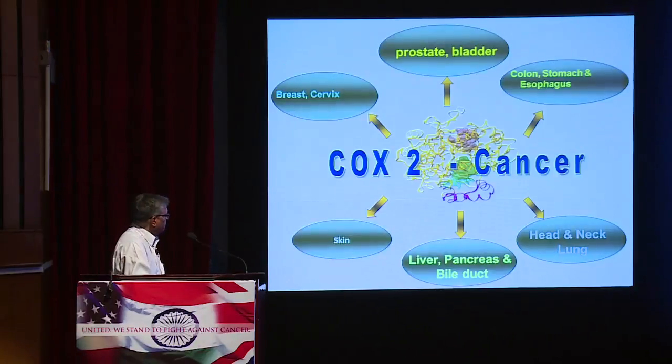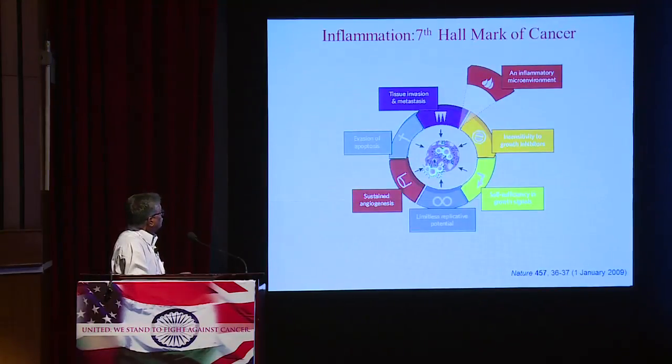And this overexpression of COX-2 was shown to be responsible for a variety of the processes involved in promoting cancer. The COX-2 overexpression was shown in a variety of cancers. And COX-2 inflammation has been shown as the hallmark of cancer. So inflammation plays a major role in cancer.